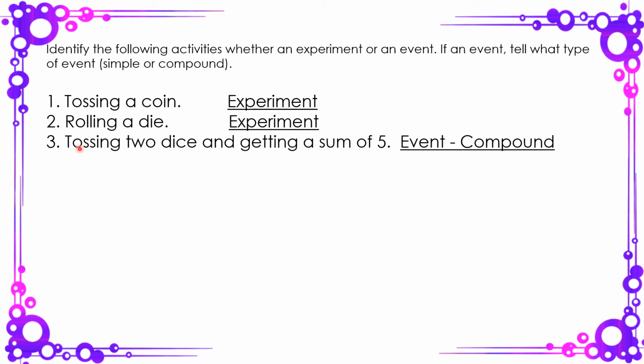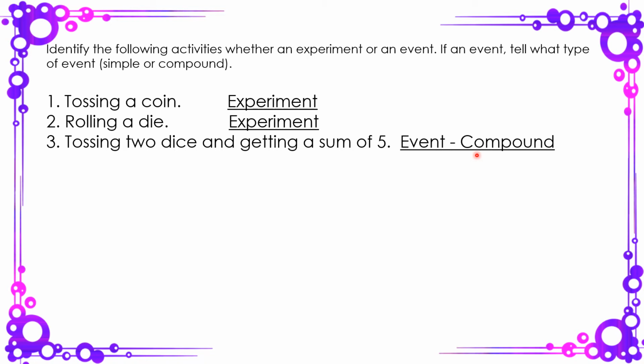In number 3, tossing 2 dice alone is an example of an experiment only. But you see that tossing 2 dice and getting a sum of 5 states the possible outcomes that we want to get. So this is an example of an event and it is compound.